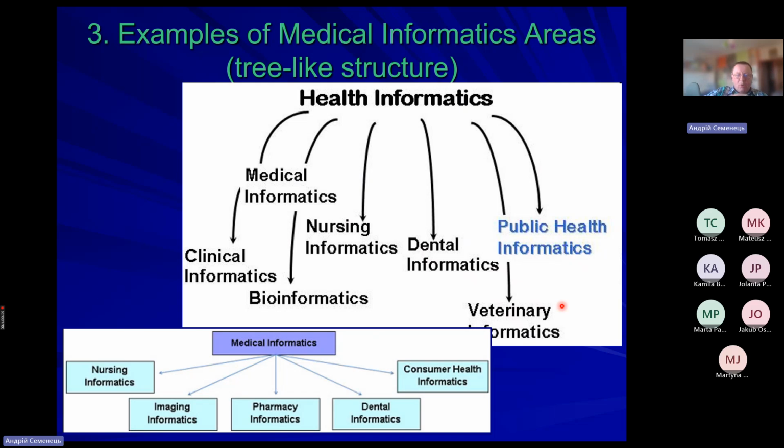It's not actually a problem. Here we have two different examples of how we can consider health informatics, which includes medical informatics as a subfield, further subdivided into clinical informatics and bioinformatics, or we have separate specialties like dental or nursing informatics or public health as part of general health informatics.